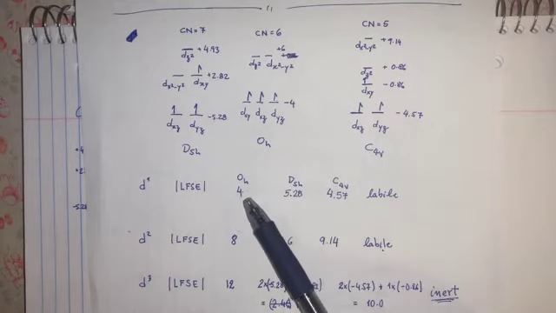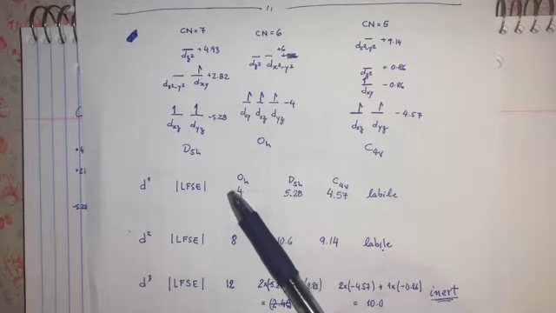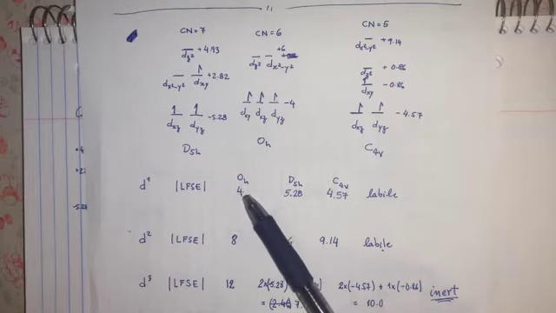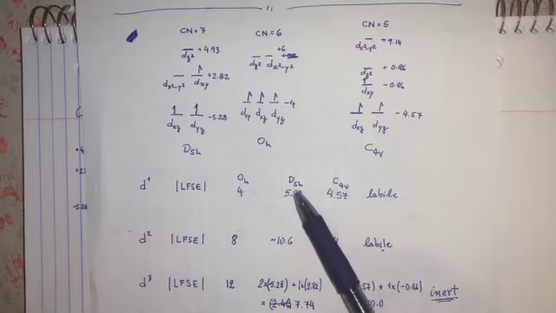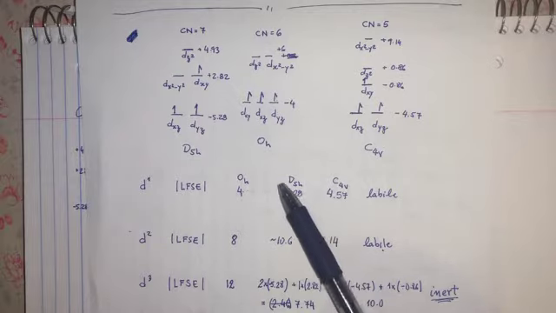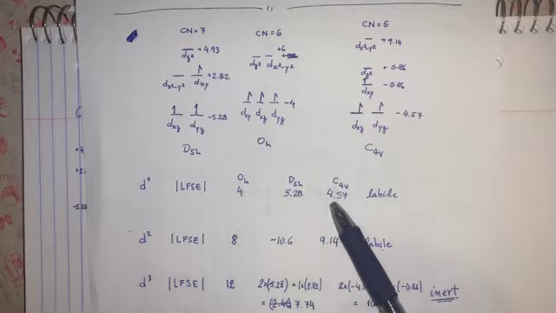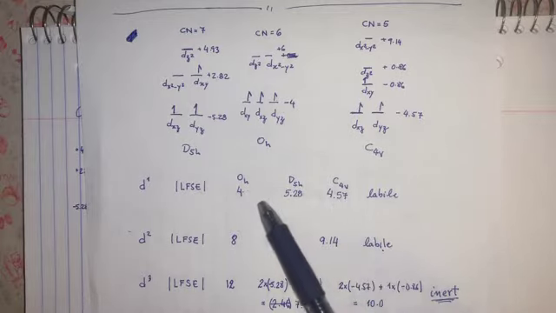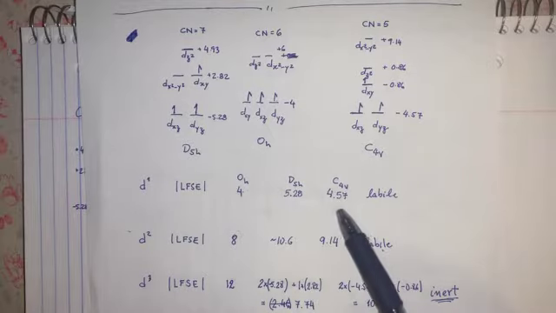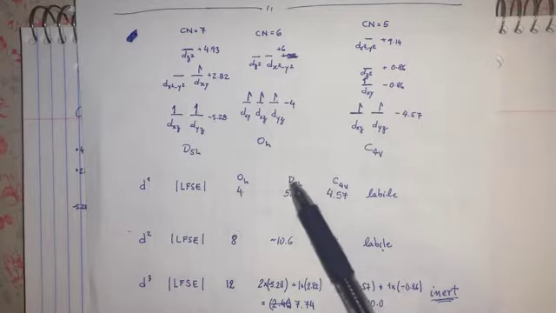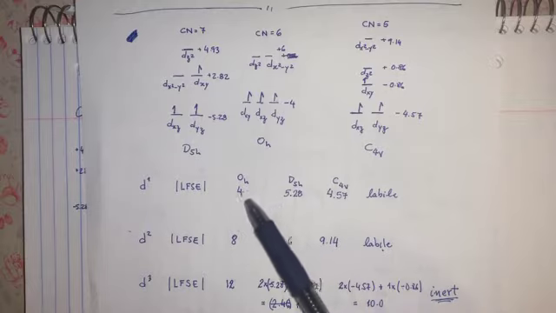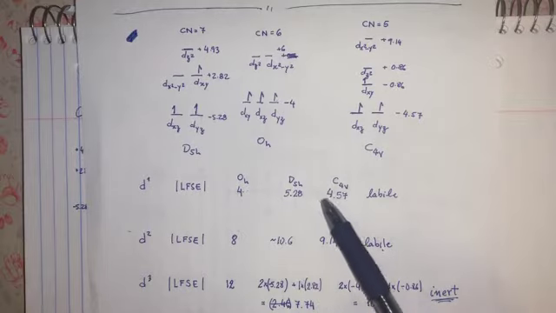So for the D1 case, the ligand field stabilization energy is 4, and for the coordination number 7 is 5.28, and coordination number 6 is 4.57. Okay, so that means any of the intermediates are more stable than the starting complex.